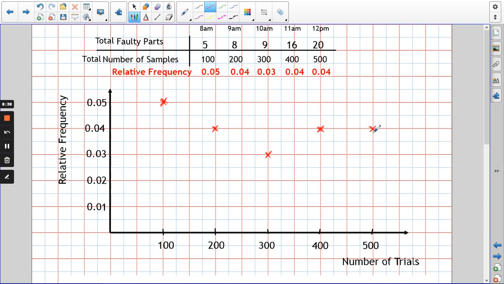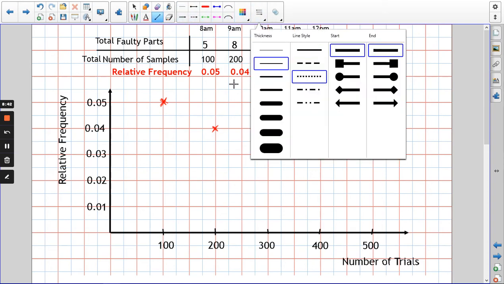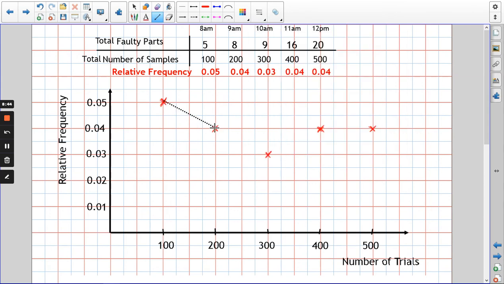We found a few more faulty ones, but actually what you can see, and what we do on a relative frequency graph, is join these up. To start with we wobbled a bit, but then we settled down, and the graph flattened out, and that's not unusual. The more trials you do, the flatter your graph gets, until in the end you can say, well look, I can keep trying here and the graph's not going to wobble anywhere, so this must be a reliable number.